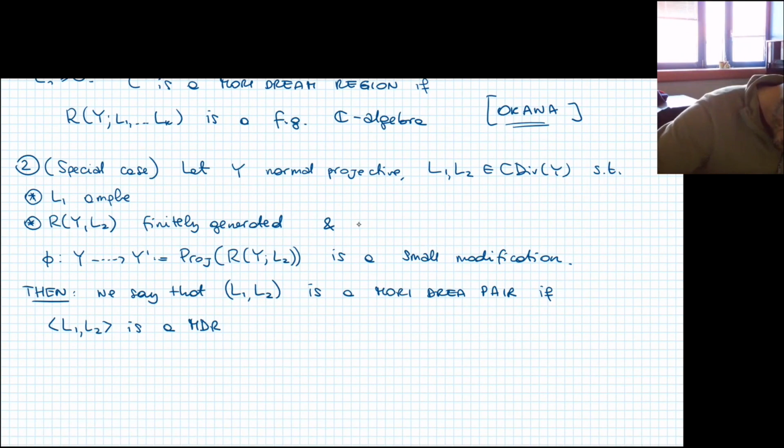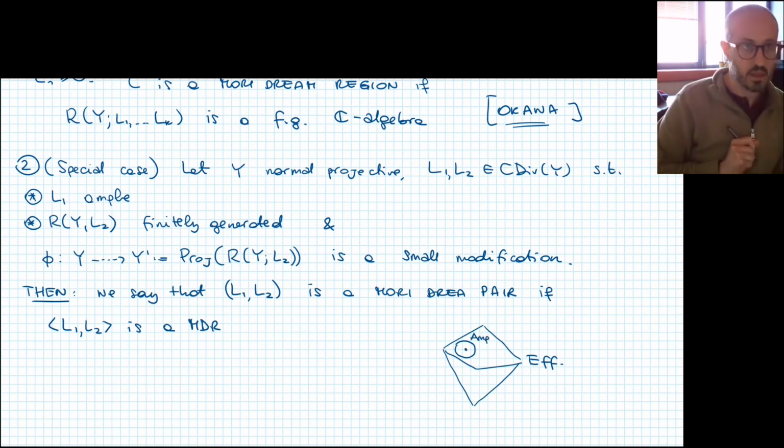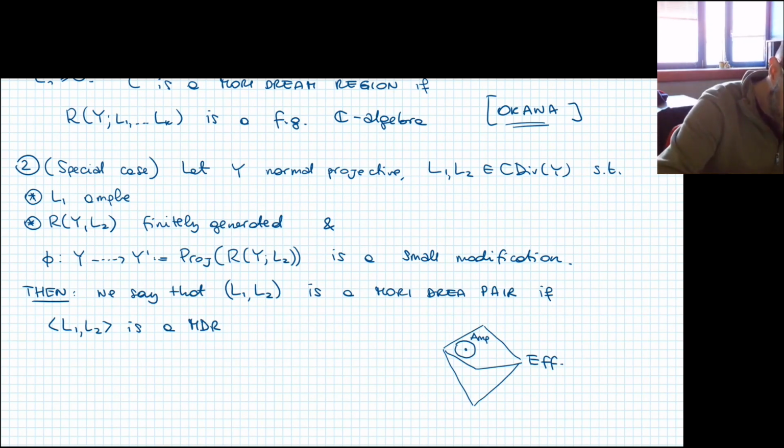So, just to give a picture, we have the effective cone. Inside of it, we have the movable cone, the ample cone. And then we pick an element in there and a second element outside.